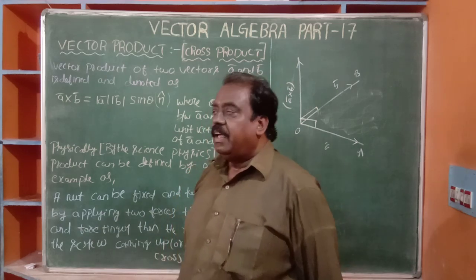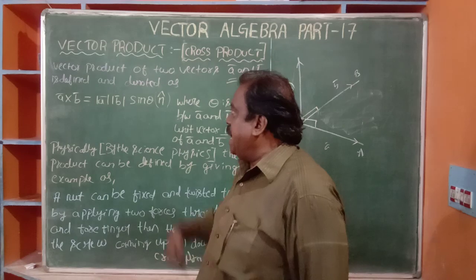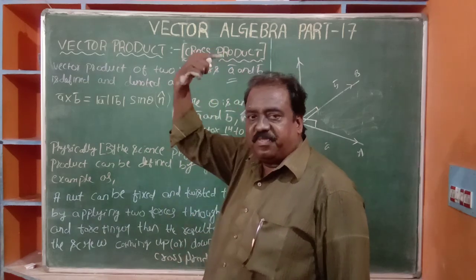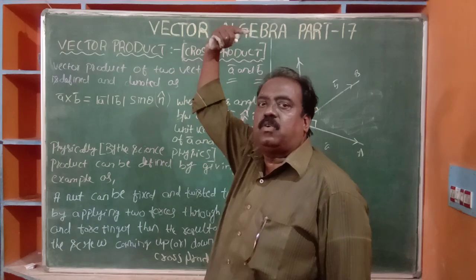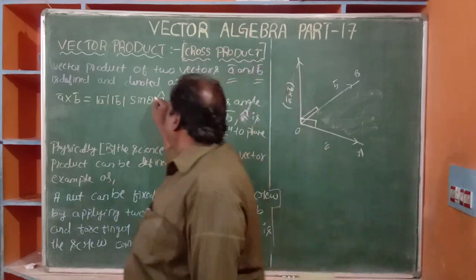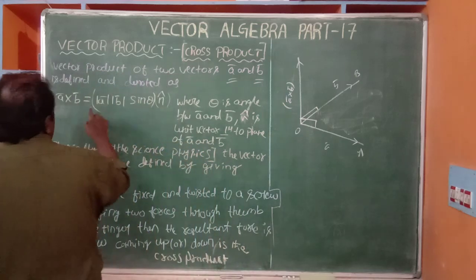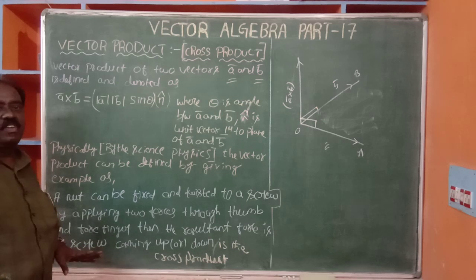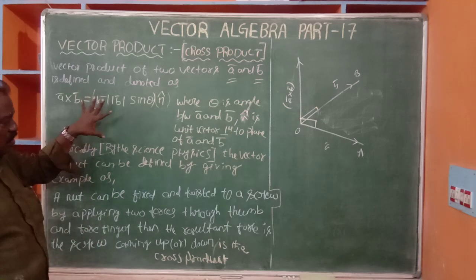Here n cap is this vertical direction, perpendicular to A bar and B bar. Its magnitude is mod A bar, mod B bar, sin theta.